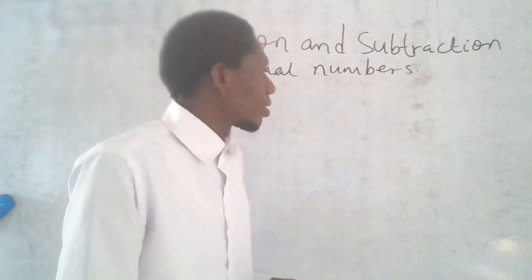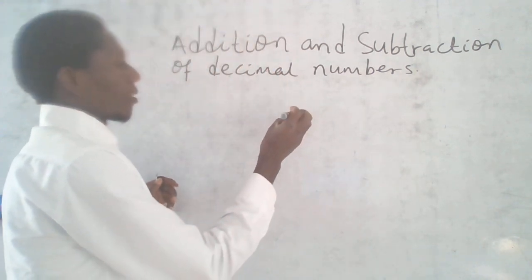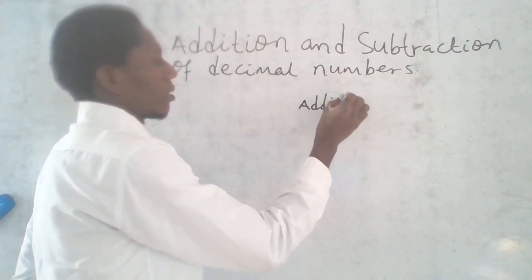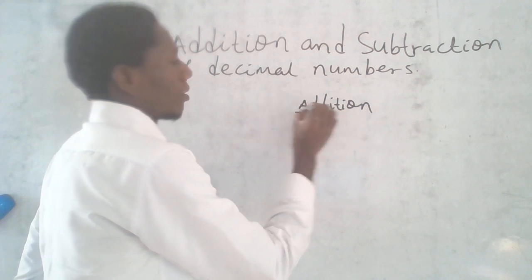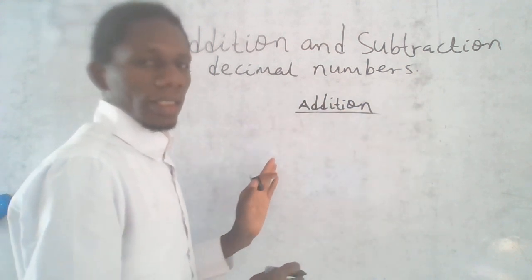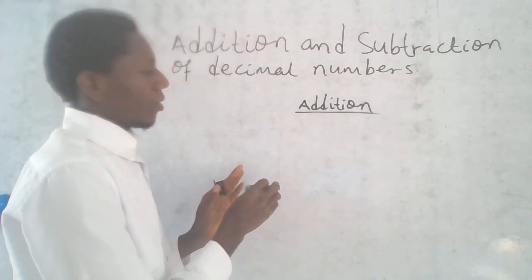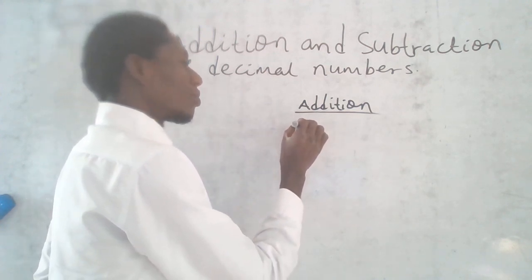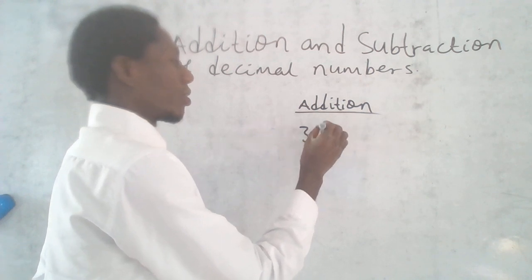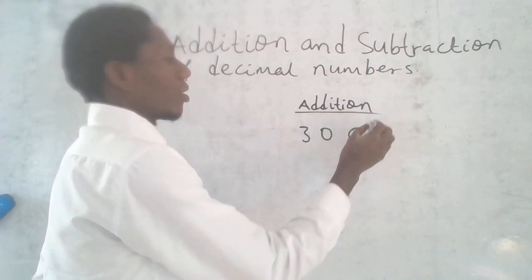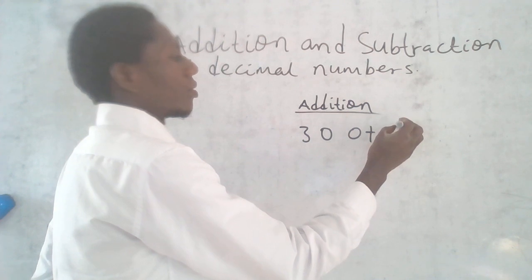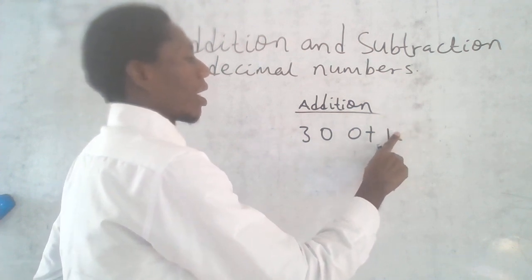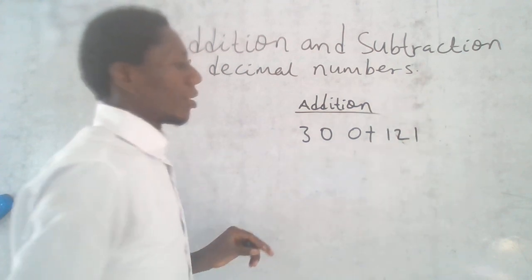Okay, so now this is addition. This is normal addition. Maybe you have 300 plus 121.